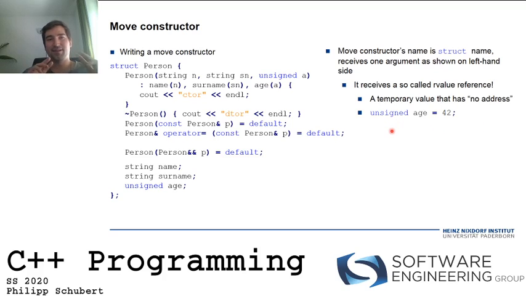Let's have an analogue in a more simple case here. Let's have a variable age of type unsigned integer. Then 42 is an integer literal. So you can think of 42 as a temporary value which has no address, because 42 is just a temporary value. It has no address itself whatsoever.